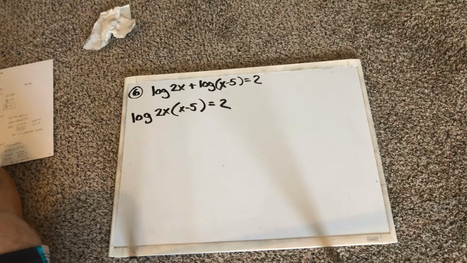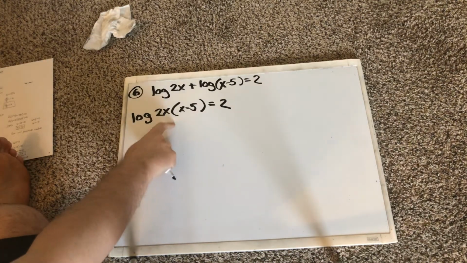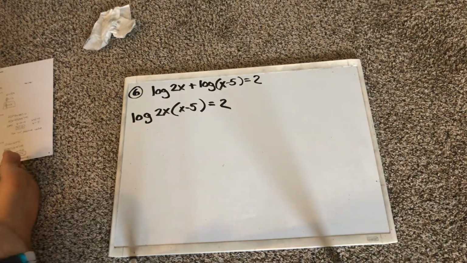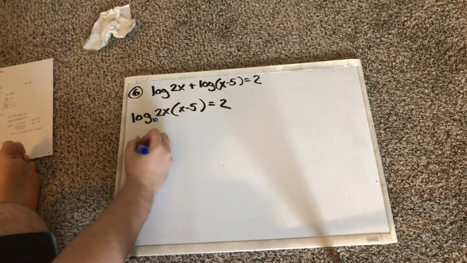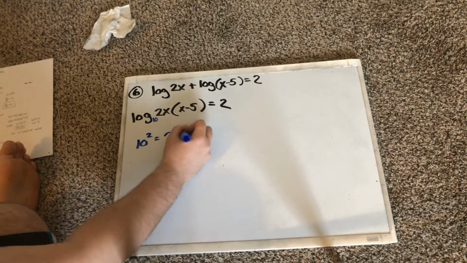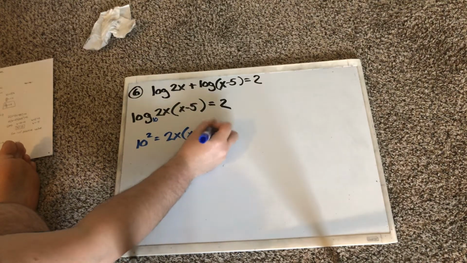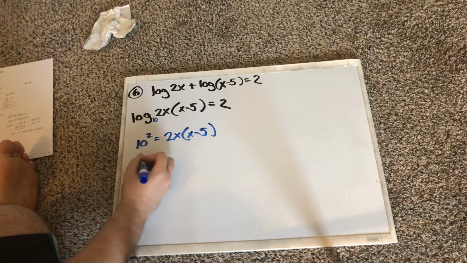So I just condensed it down. Next thing, I am going to change forms. I'm not going to worry about distributing just yet. This is a base of 10. So this becomes 10 squared equals 2x times x minus 5.